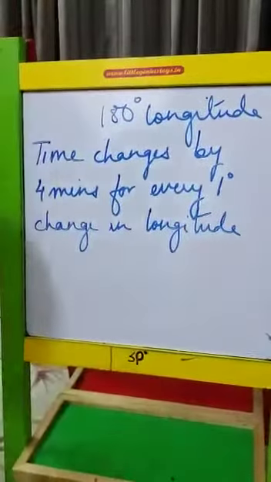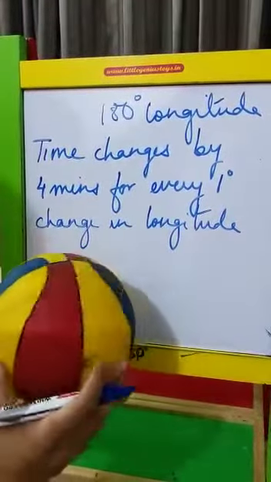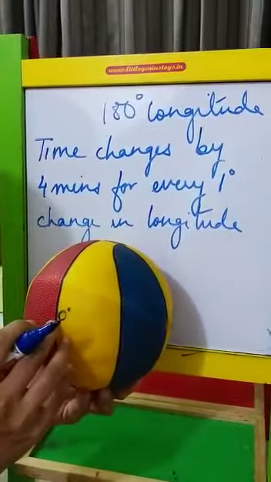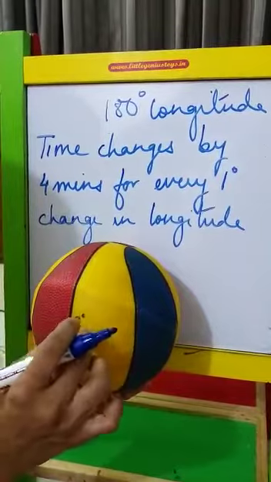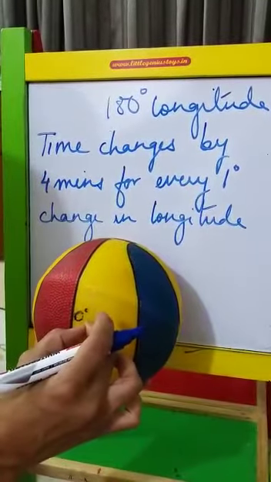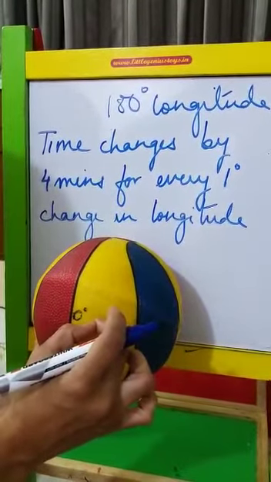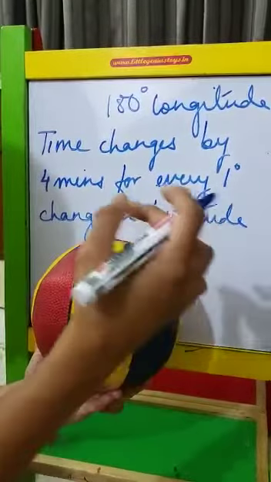This is very important. So, if I say from 0 degree I move to 1 degree, my time changes by 4 minutes. To 2 degree longitude, my time changes by 8 minutes. To 3 degree longitude, my time changes by 12 minutes.